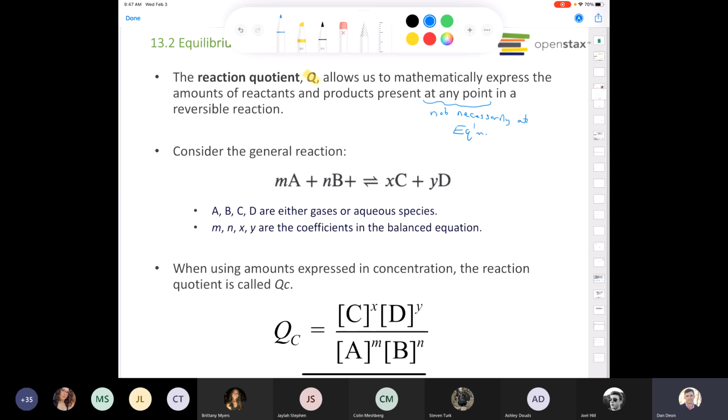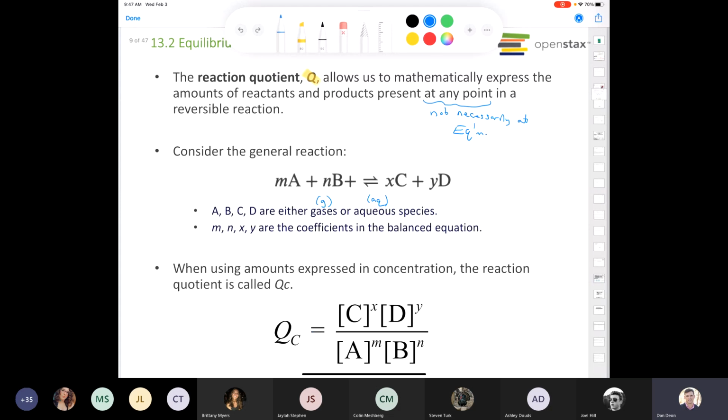An equilibrium constant is something else. Let's say we have a general reaction like this one: aA plus bB, with stoichiometric coefficients m and n, is in equilibrium with cC and dD, with stoichiometric coefficients x and y respectively. If A, B, C, and D are either gases or aqueous solutions, then to write an expression for the reaction quotient, you would use this formula.